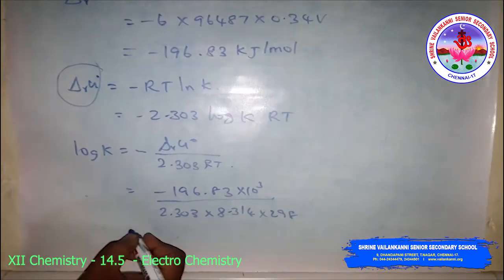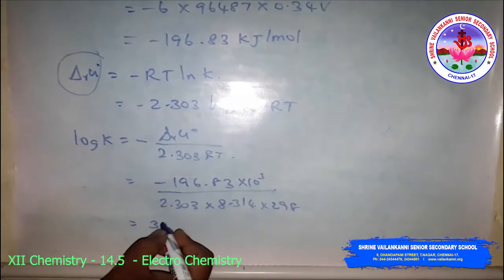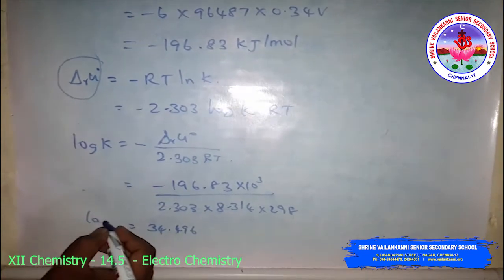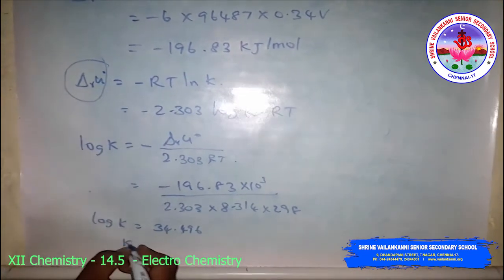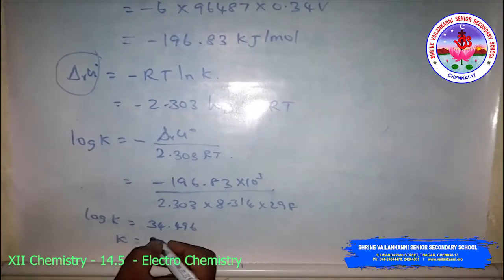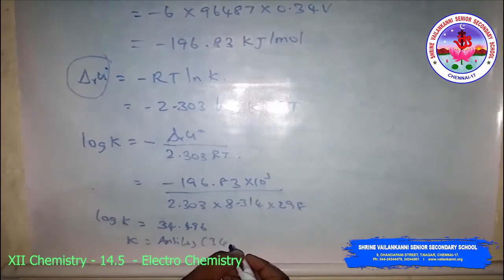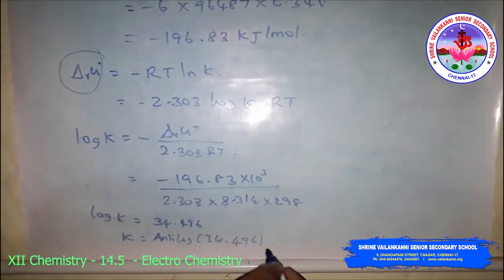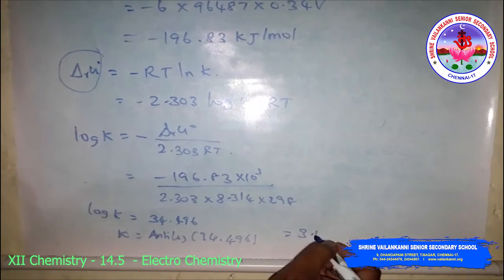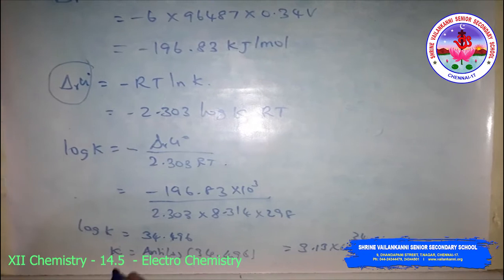After simplifying, you will get the value 34.496. This is log K. To find the K value, the log goes inside, so take the anti-log of 34.496, and you will get 3.13 into 10 power 34. So this is the K value.